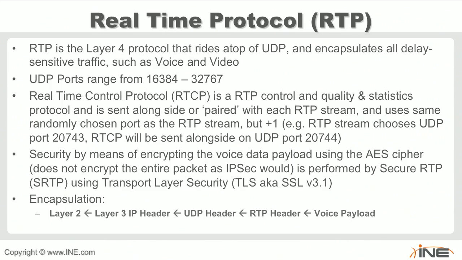So whatever the randomly chosen UDP port for RTP was, we'll always add +1 for the RTCP. So maybe the RTP chooses UDP 20,743. Then the RTCP, the control protocol, would be sent alongside of that at 20,744. RTP is always going to use an odd port, and RTCP is always going to be on an even port.